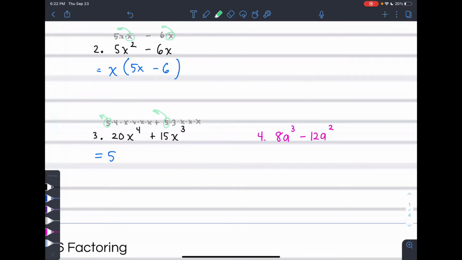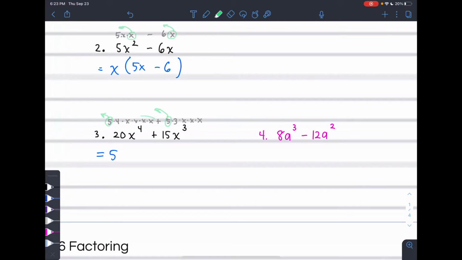Now, what's the largest amount of x's that I can pull out from each term? The largest amount that we can pull out from each is 3. And notice 3 is the smallest exponent between the two of them. So along with the 5, we can also pull out x to the power of 3.